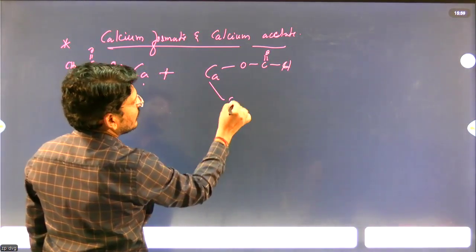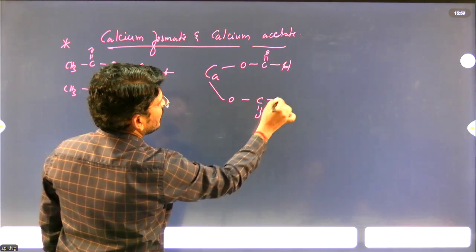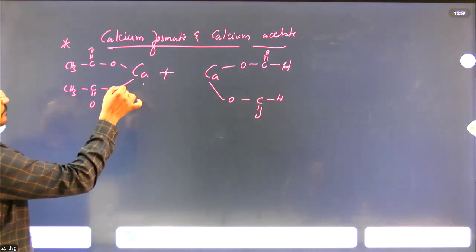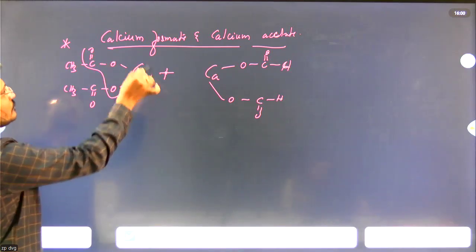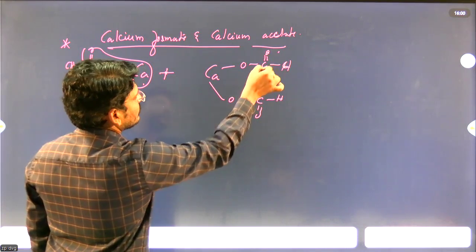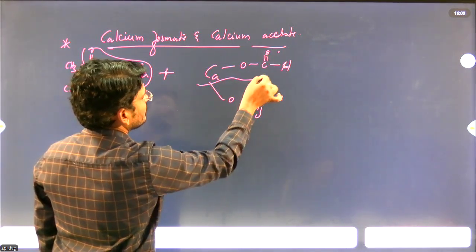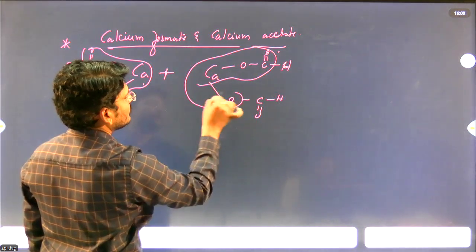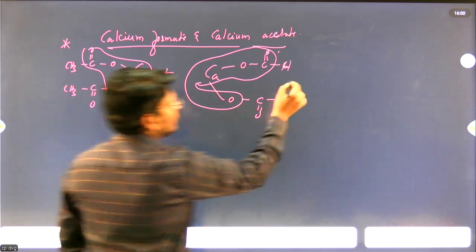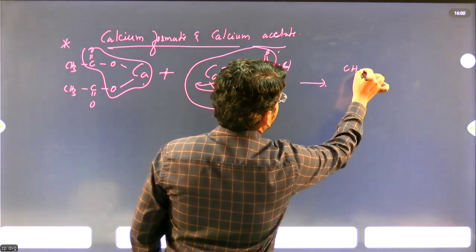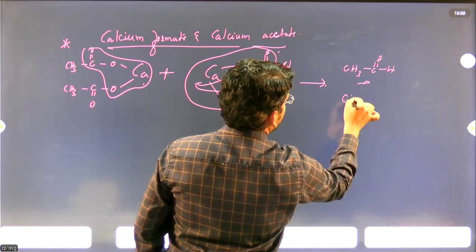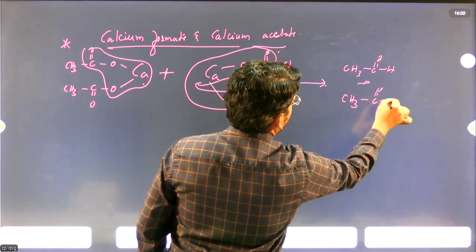Here it O C double bond O H. So when this one undergoes dry distillation, CaCO3, CaCO3. Finally we get two same products, CH3 C double bond OH, plus CH3 C double bond OH.